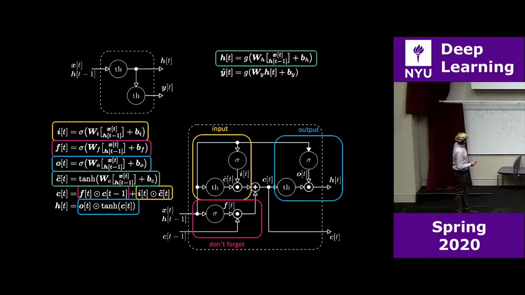And then I have finally my C tilde, which is my candidate gate. It's simply a recurrent network, right? So you have one recurrent network that modulates the output, one that modulates the don't forget gate, and this is the input gate. So all this interaction between the memory and the gates is a multiplicative interaction. And the forget, input, and output gates are all sigmoids. Therefore, they are going from 0 to 1.